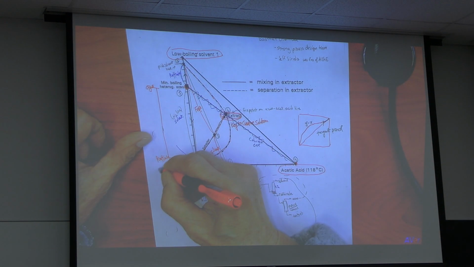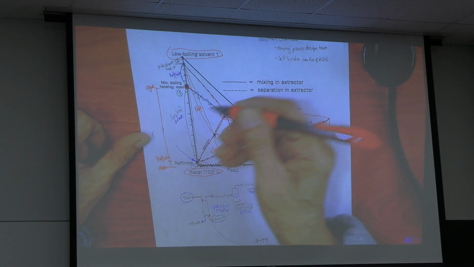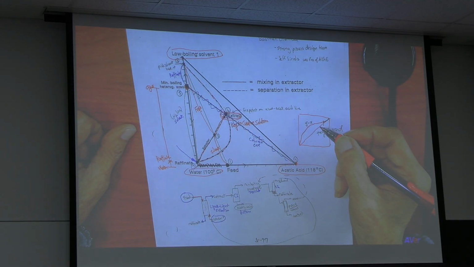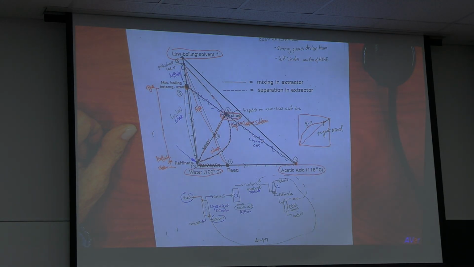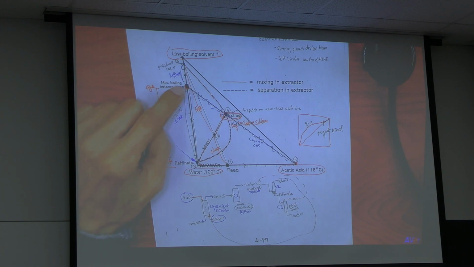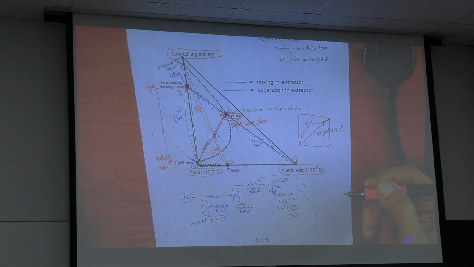Azeo, water. This is column 2. Okay. Column 3. This gives you azeo overhead, water bottom.